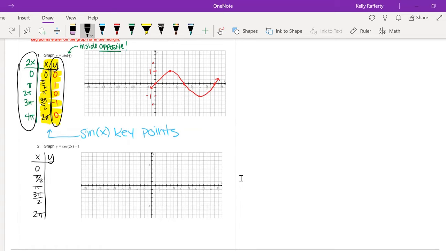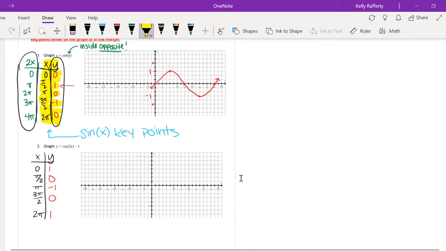And then my y's, instead of starting at 0, they're going to start at 1. So I go 1, and then I go to the midline, which is 0, down to negative 1, back to 0, and up to 1. So basically just the opposite. Yeah, pretty much. We're like starting 1 point over.